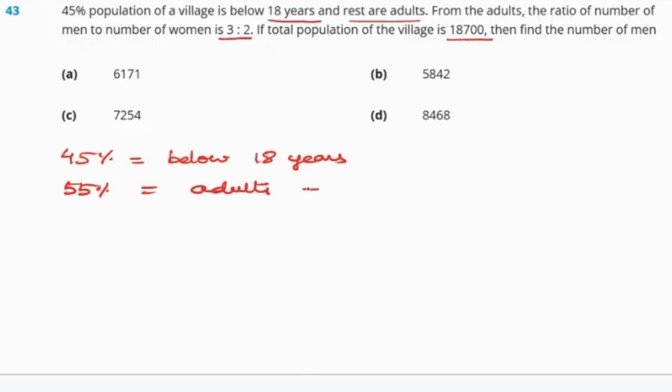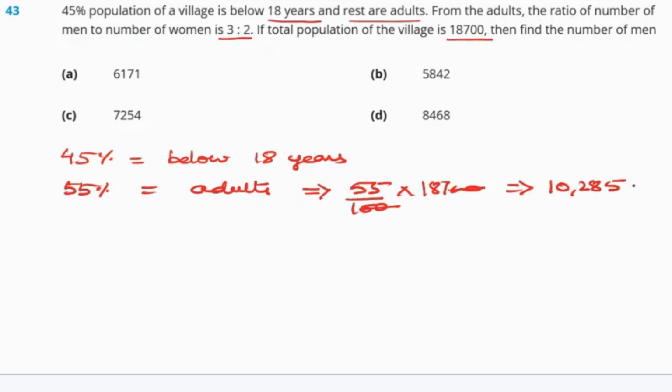So, first we need to find how many adults are there. So, 55% of 18,700, we need to find that. If we are solving it, we will be getting 55 times 187, and that is 10,285. That is the number of adults.